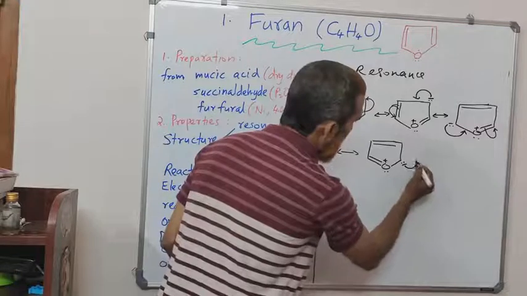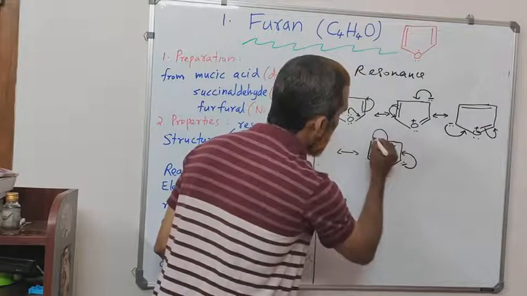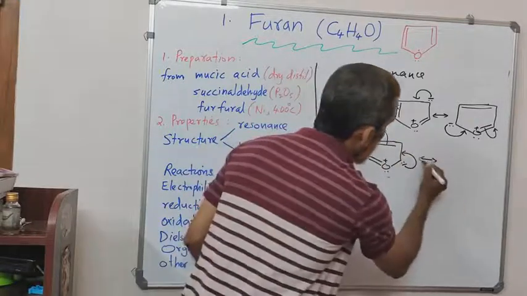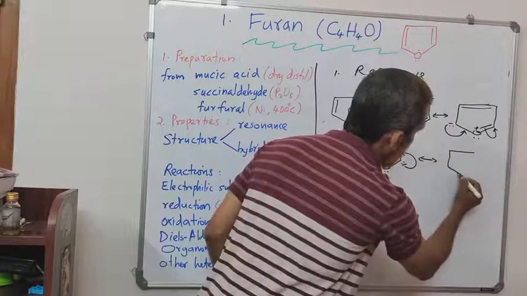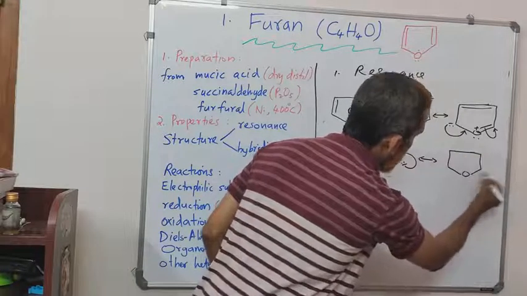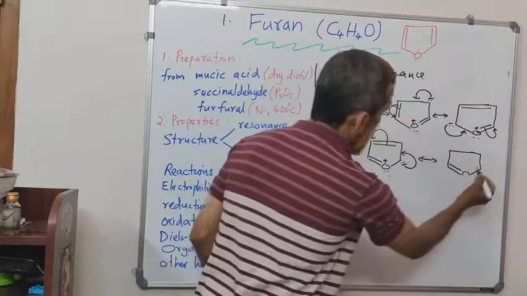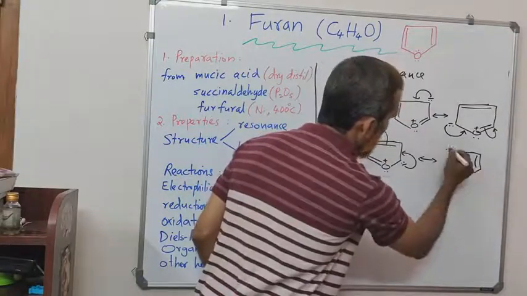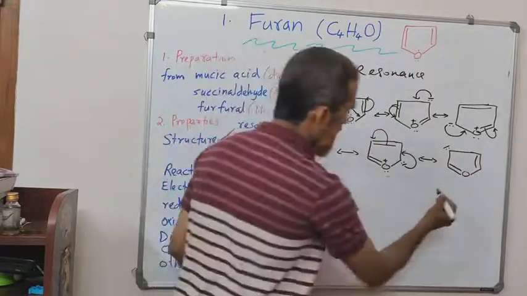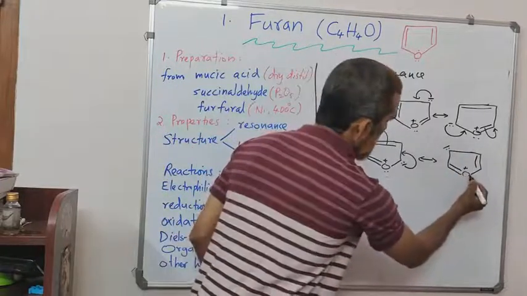And finally you get the next structure, double bond here, and it is now here, and here there is negative charge and lone pair, and the positive charge is there, lone pair is there.